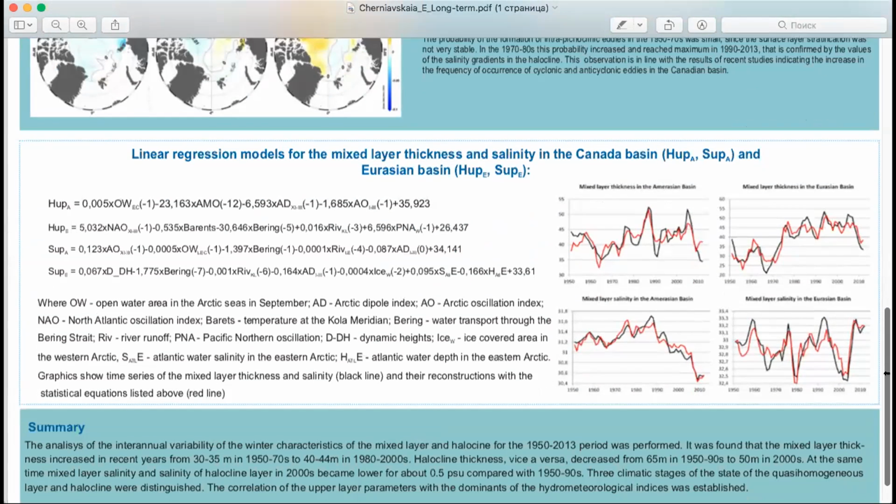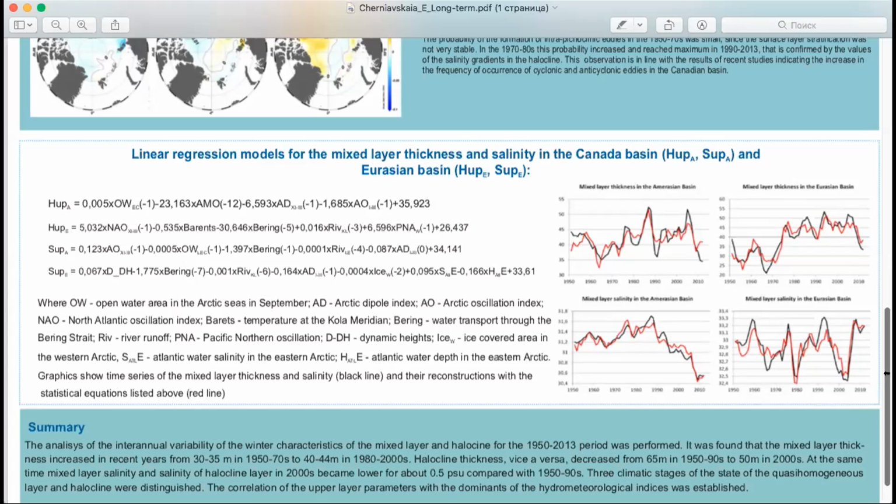Then returning to the question about differences in the surface layer and halocline layer parameters, we used atmospheric indexes, data on water exchange between the Arctic Ocean and the neighboring oceans, data on ice extent and river runoff to build statistical models for the salinity and thickness of the mixed layer.